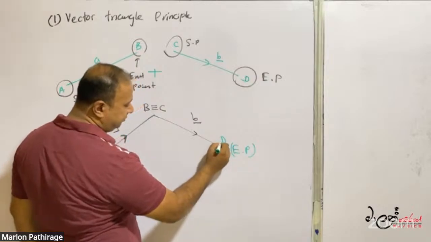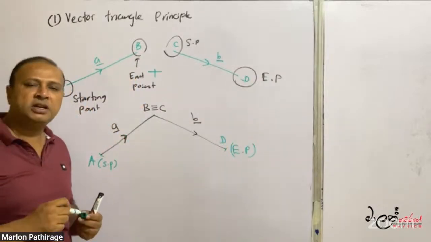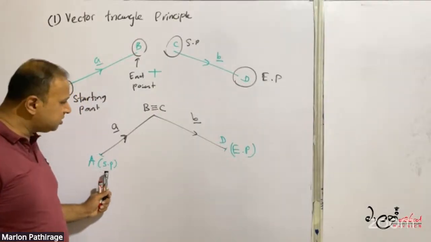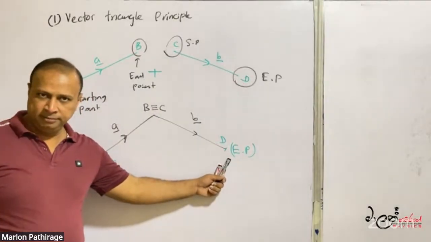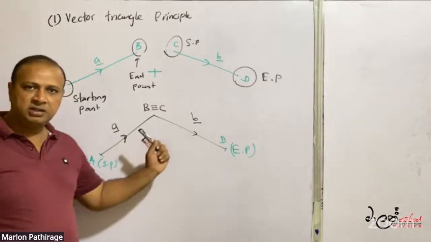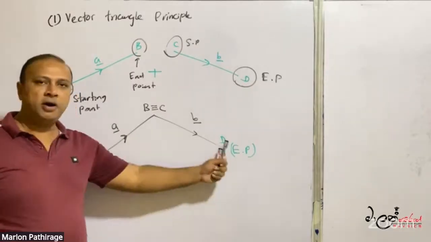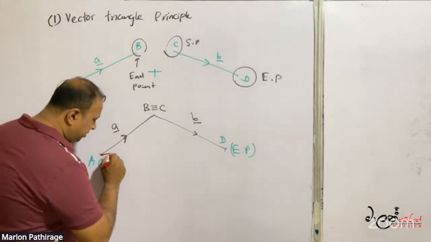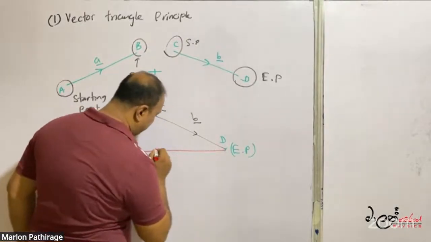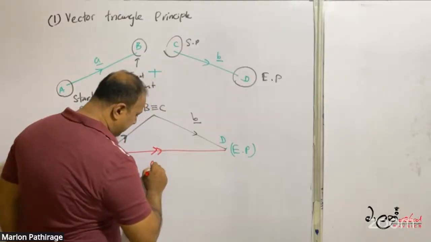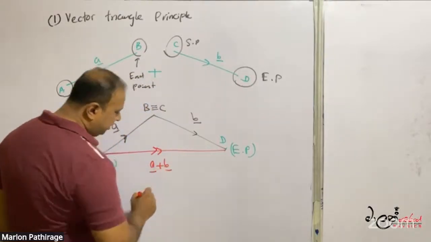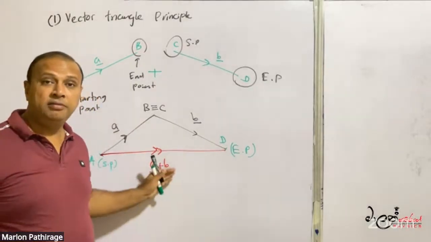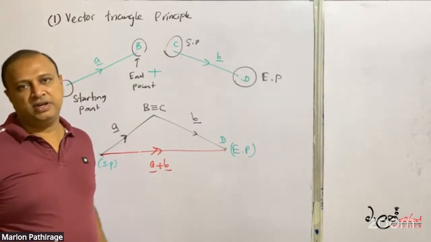This is B. So if you construct a vector from this starting point to the end point, that vector represents the addition of A and B in both magnitude and direction.